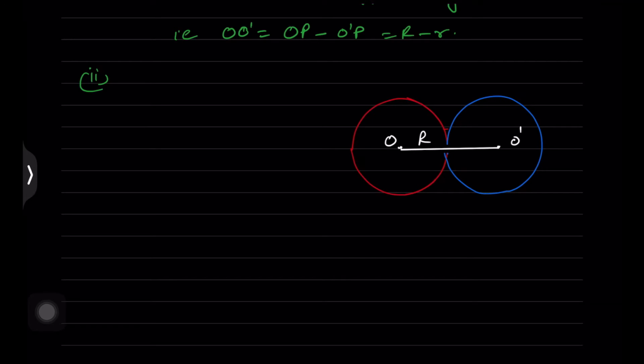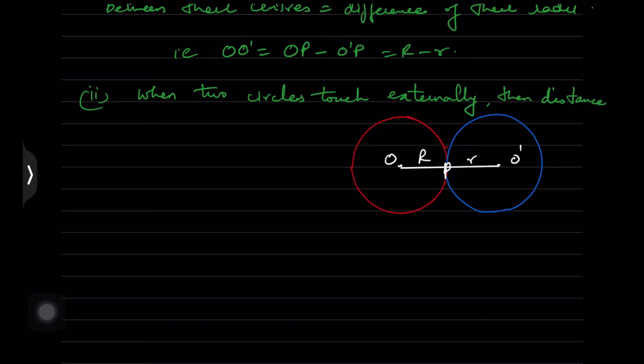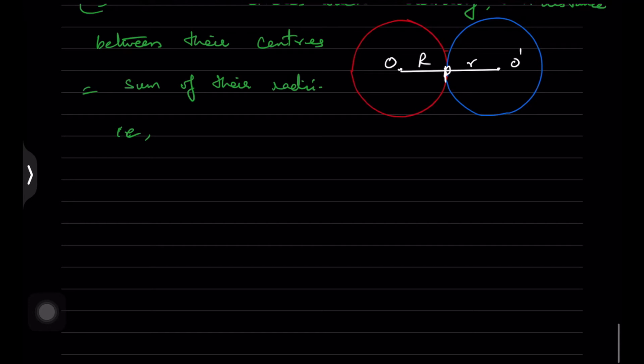If you take this point as P, this is small r, and this is capital R. So when two circles touch externally, then the distance between their centers is equal to the sum of their radii, that is O dash is equal to OP plus PO dash, or O dash P, which is equal to capital R plus small r.